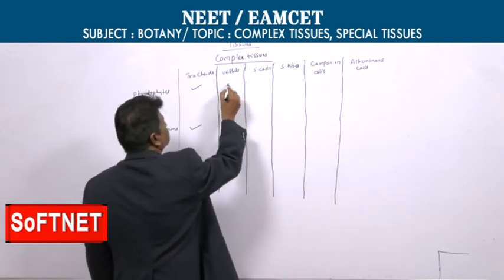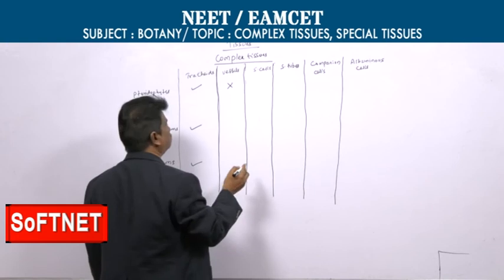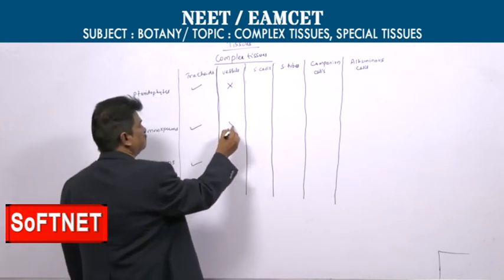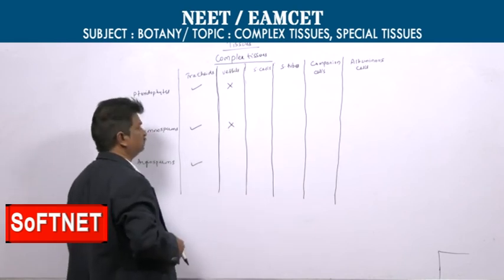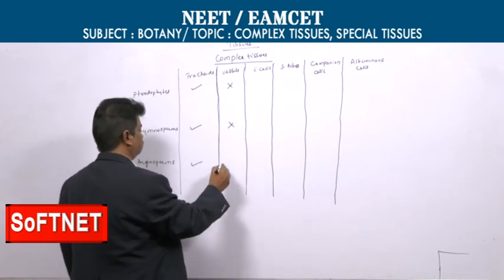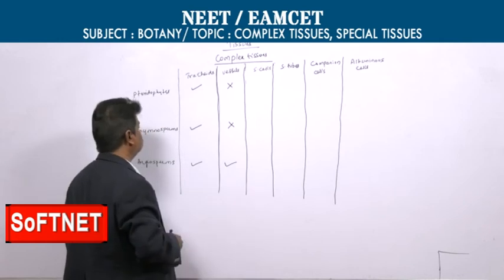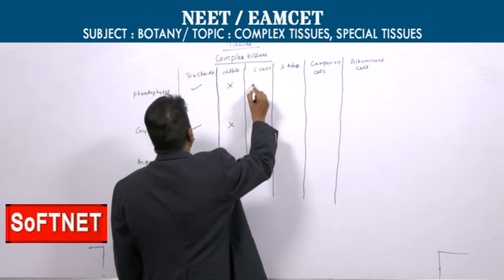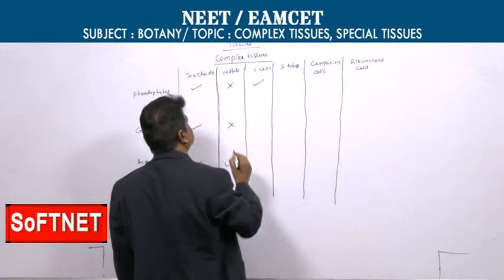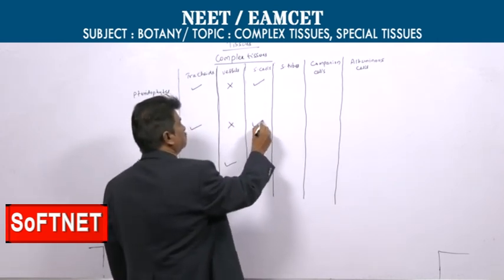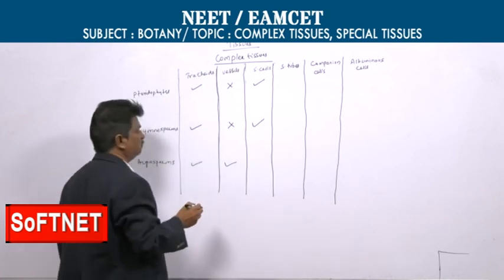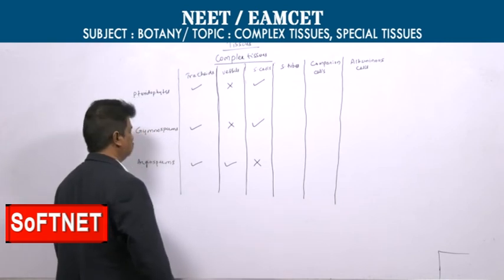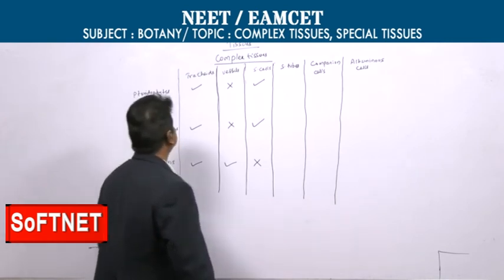Next, vessels are absent in pteridophytes, absent in gymnosperms, but present in angiosperms. Sieve cells are present in pteridophytes, present in gymnosperms, but absent in angiosperms.